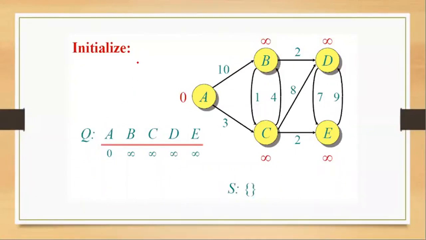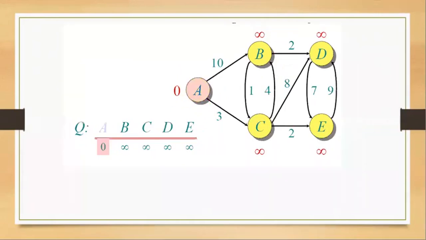an example for Dijkstra's algorithm. So we have 5 vertices over here, and I have to find the shortest path from A to all the other vertices. So from A, first and foremost, I write all the distances as infinity, and the distance from A to itself is 0.